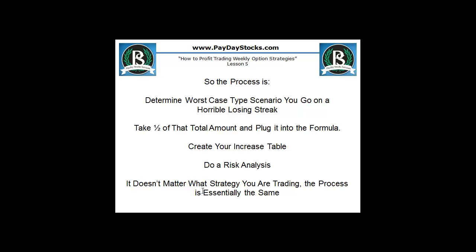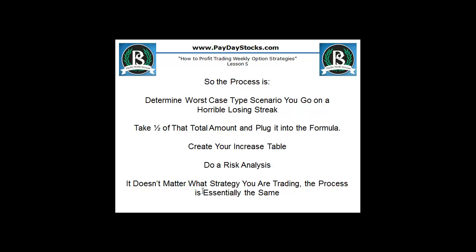Now, earlier I divided the strategies into two categories: limited risk and unlimited risk. The reason I did this again was because you have to take into consideration that the unlimited risk strategies have a higher probability of producing a larger maximum expected risk. Therefore, you need to be more conservative with how you analyze those types of strategies when determining how to increase.